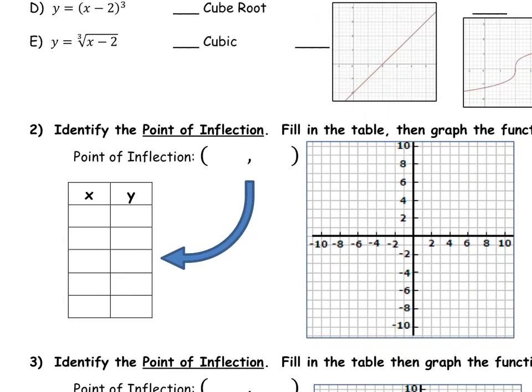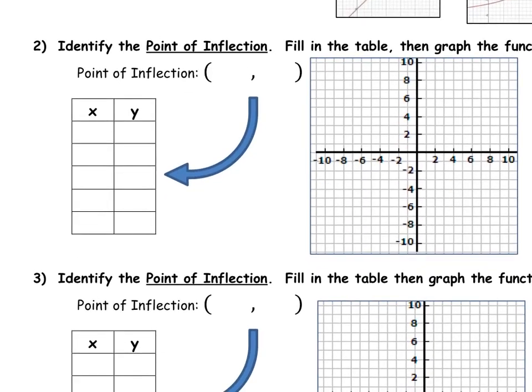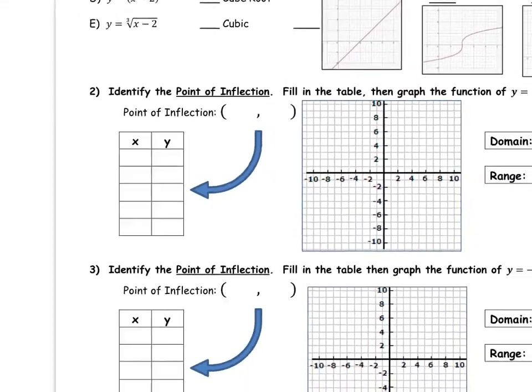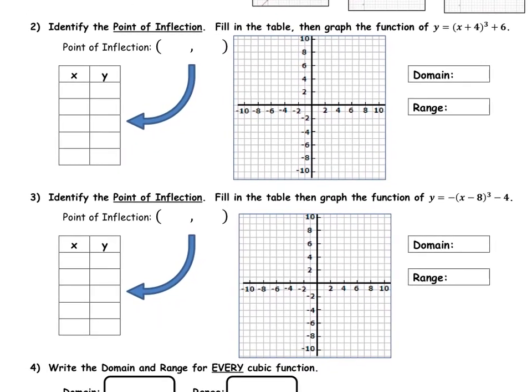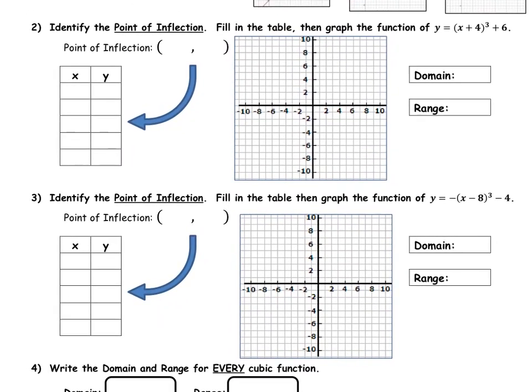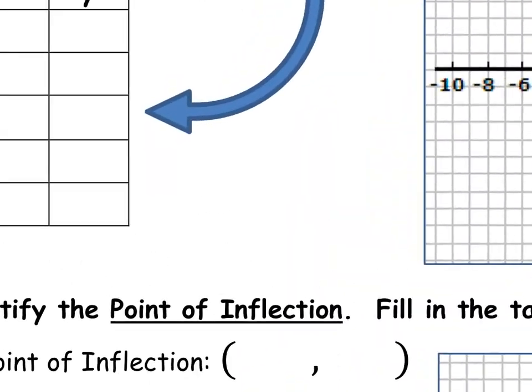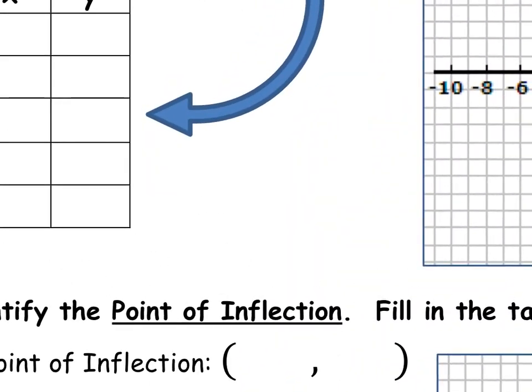Now, let's move on and actually graph a cubic function. One thing to remember is that cubic functions have a general form, and it's similar to what cube root functions have.